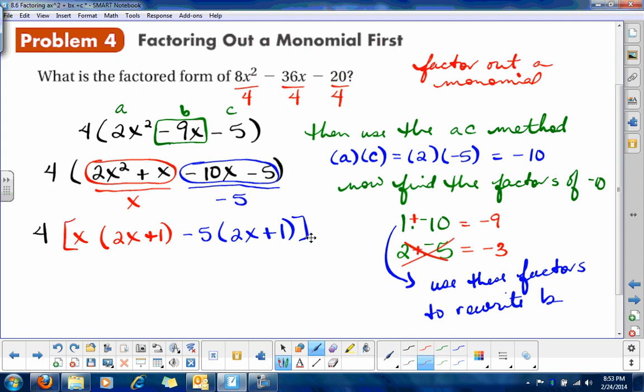Okay, so now you can see that we have two binomials that are exactly the same, and we have our leftovers. So we're going to go ahead and take those two binomials out. Let's bring down our 4, and then we're going to take out those two binomials, put them on the outside of the parentheses.